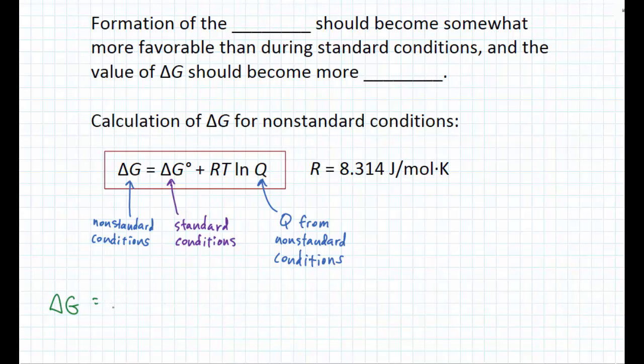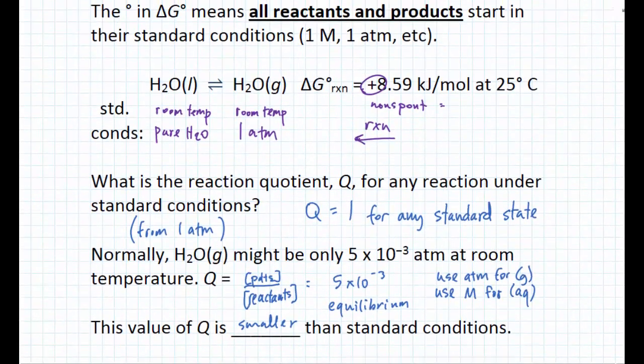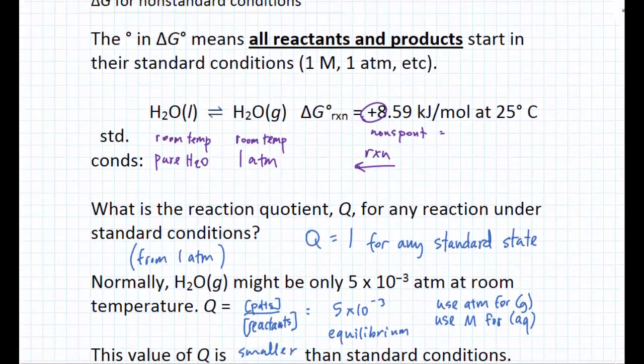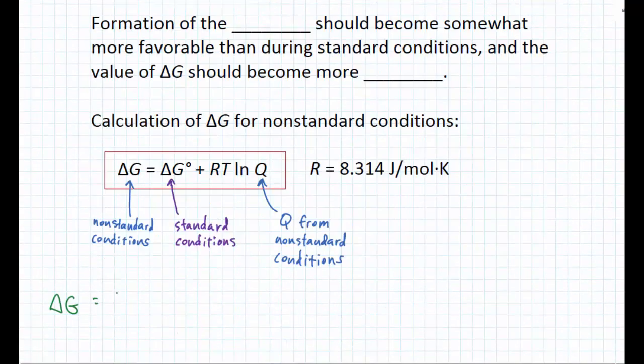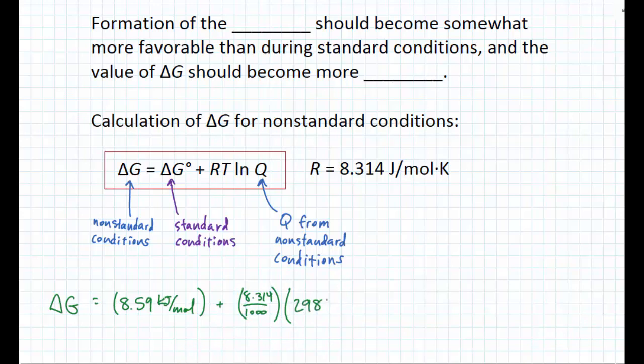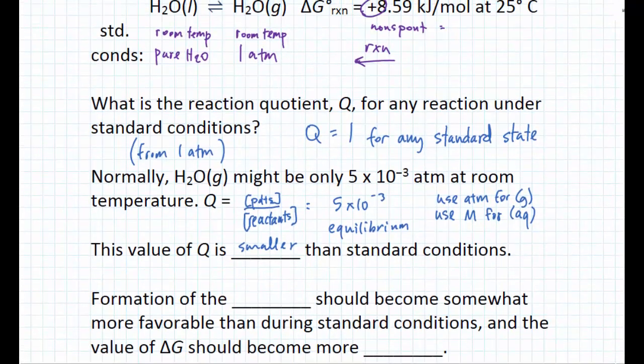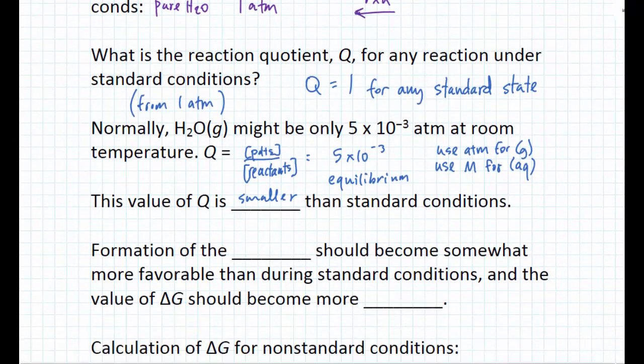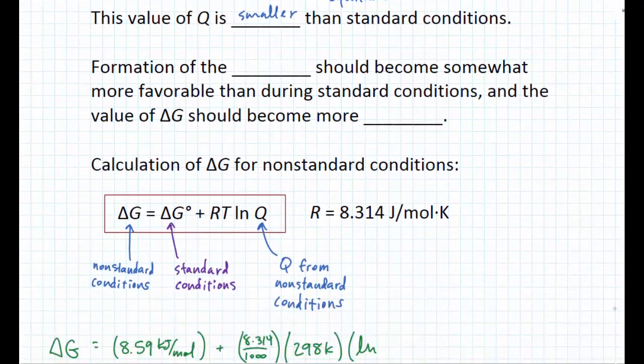So the standard delta G up above, we said, was plus 8.59. Okay. RT, 8.314 divided by 1,000. Let's say room temperature. Let's use this Q. Let's use this normal water vapor, 5 times 10 to the minus 3.